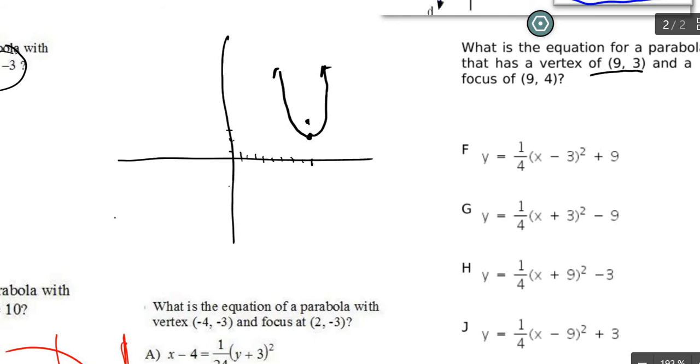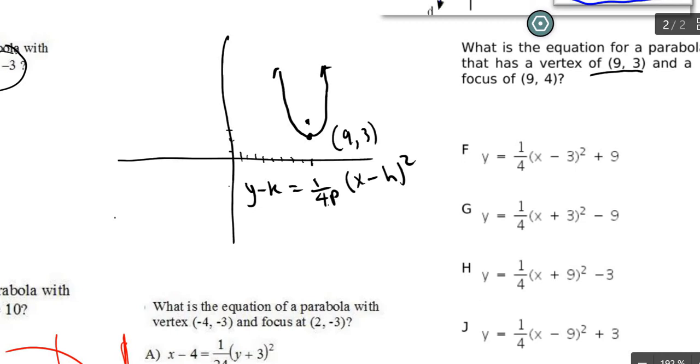All the equations given to us are vertical parabolas. The only difference between all of them is the location of the vertex. So the vertex here is at 9,3. Let's apply the equation: y minus k equals 1 over 4p times x minus h squared.